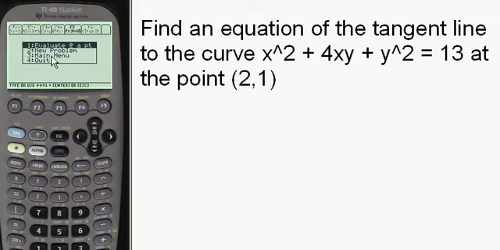Now we want to evaluate it at the point (2, 1). So we say yes to that, and we enter alpha 2 for the x value and alpha 1 for the y value. It shows what you've entered so you can change it in case you made a mistake. We say it's okay, and then we substitute the x values and the y values in this function.